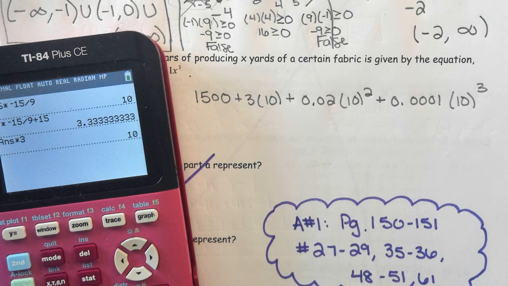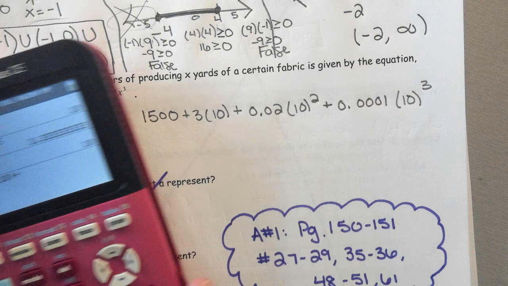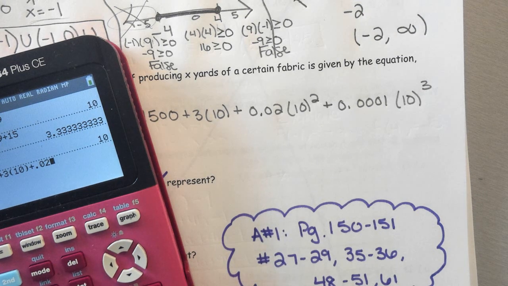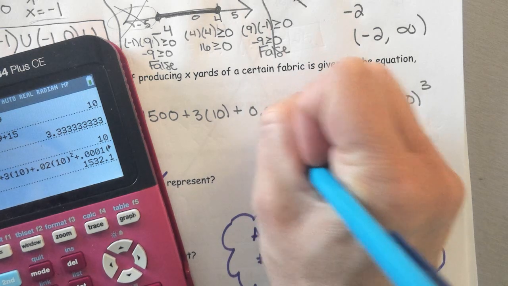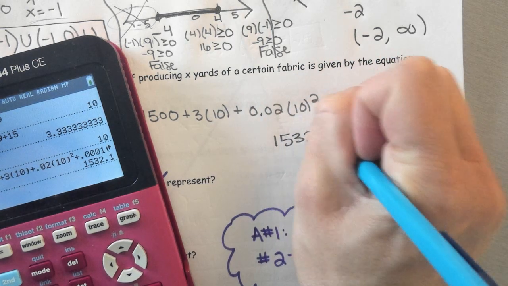So I can plug in my 1,500 plus 3, 10 in parentheses, plus 0.02 times 10, and this one's being squared, plus 0.0001, and this one's times 10, but it's being cubed. So I get $1,532.10.